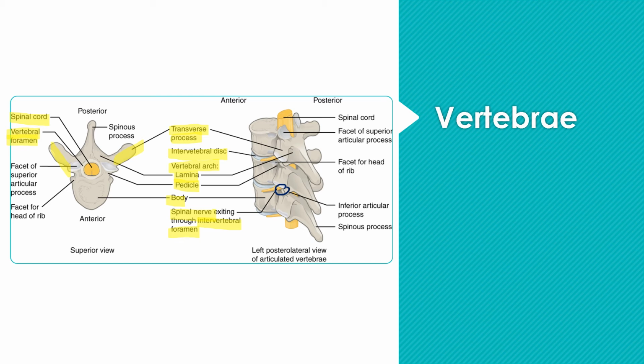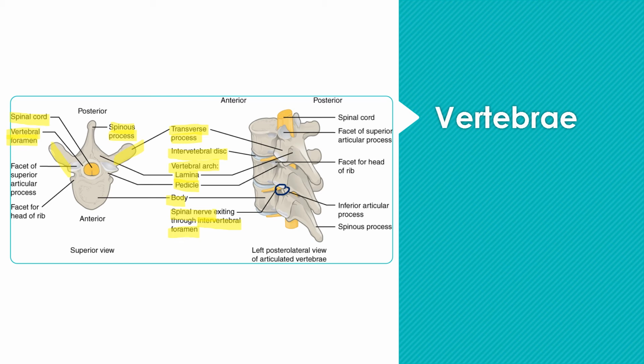There's also a spinous process that projects posteriorly from the junction of the laminae. Sorry, these are laminae. Lamina, I might have said it differently before, but they are laminae. Now these 3 processes, the 2 transverse processes and the spinous process, serve as points of attachment for muscles.